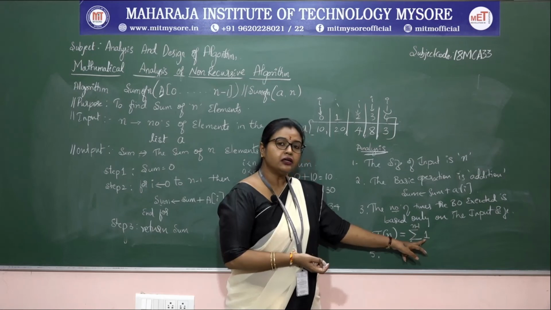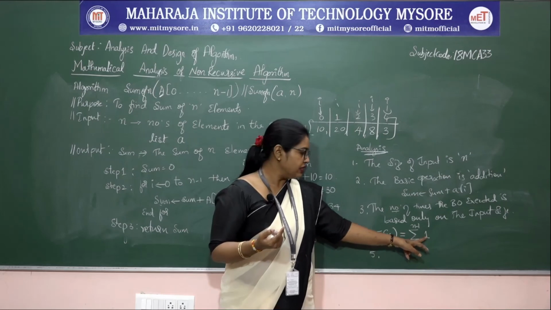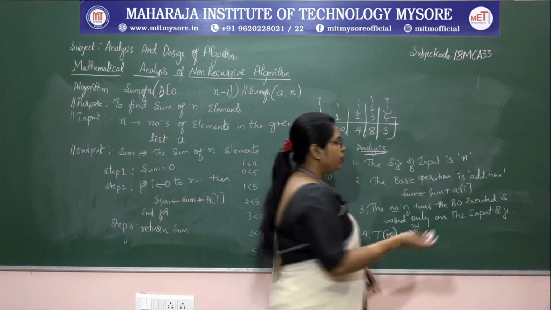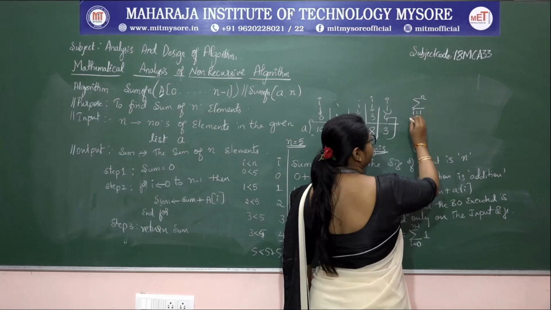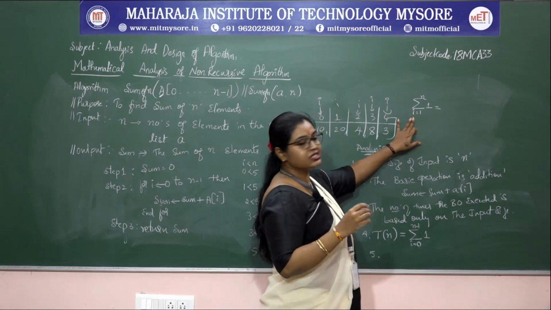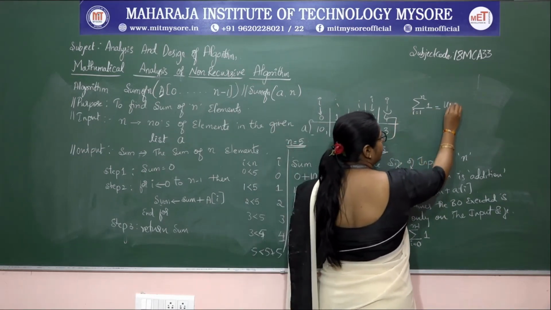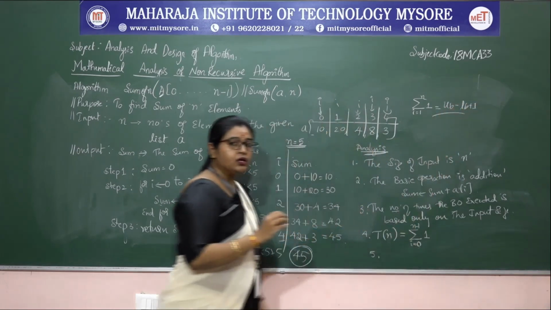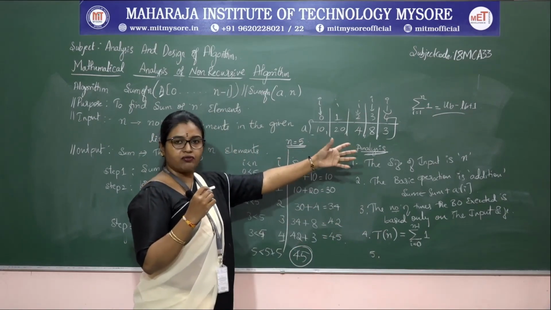If you have a constant term in any summation equation, then we are going to apply the formula: upper bound minus lower bound plus 1. So remember this, if you have a sum from 1 to n and any constant value, in order to solve it we make use of the formula upper bound minus lower bound plus 1. Remember this.